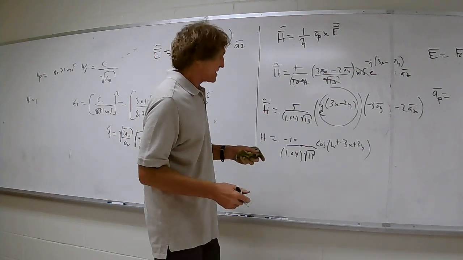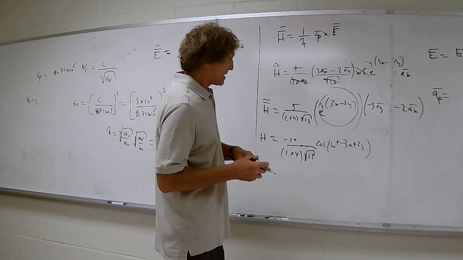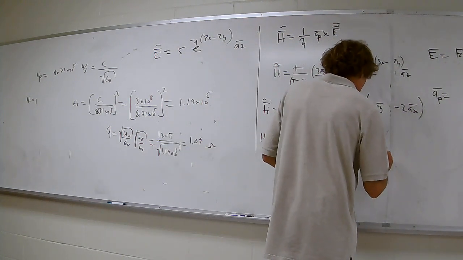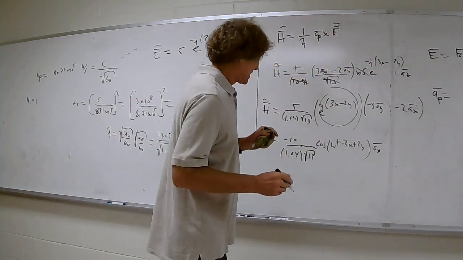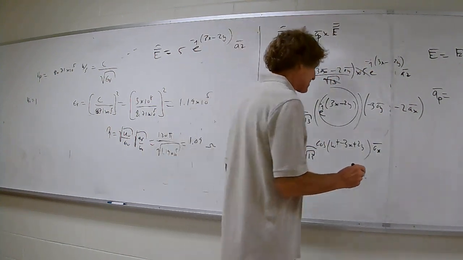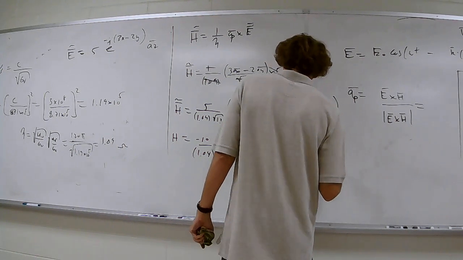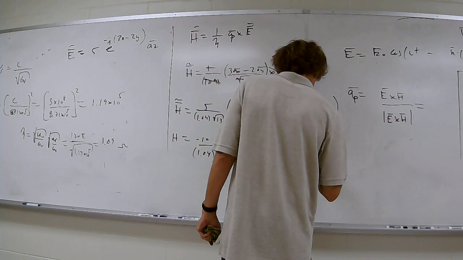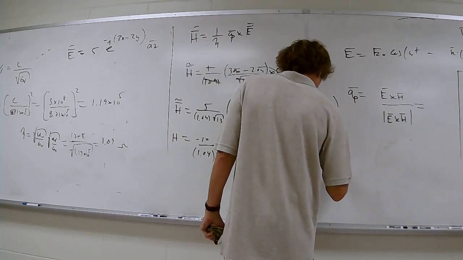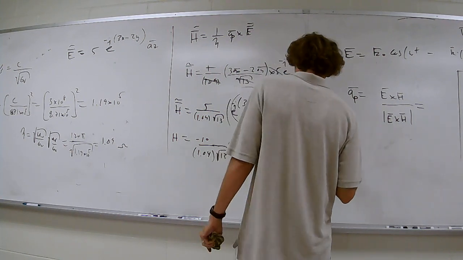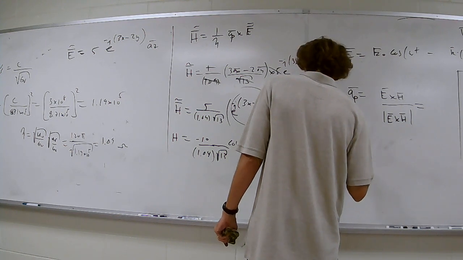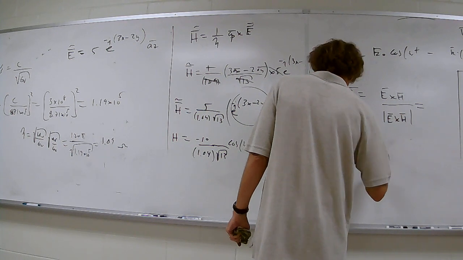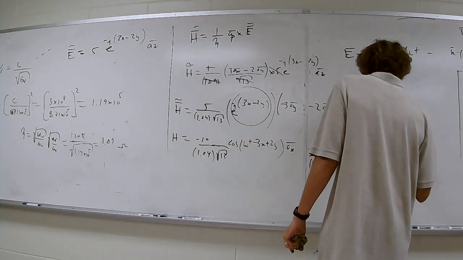And this is in the ax direction. And then the other one is going to be minus 15 over 1.09 square root of 13, and same deal, cosine of omega t minus 3x plus 2y, and this is going to be in the ay direction.